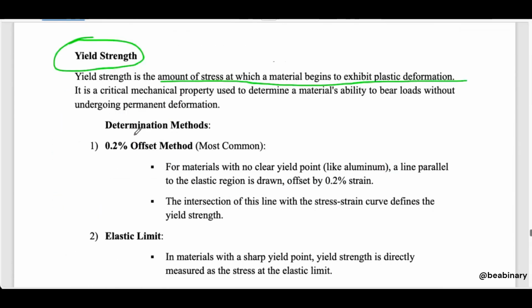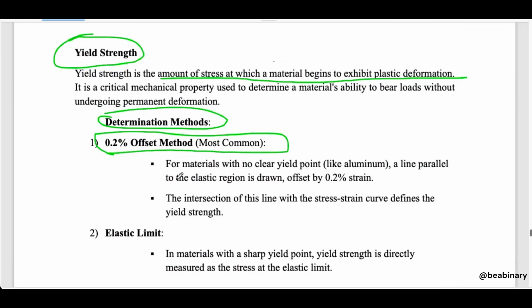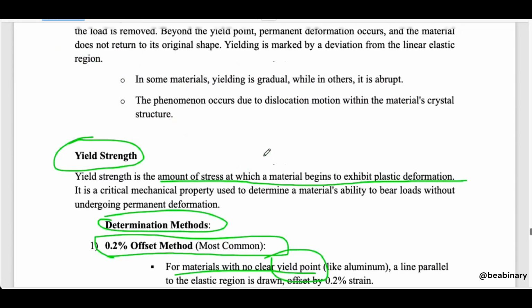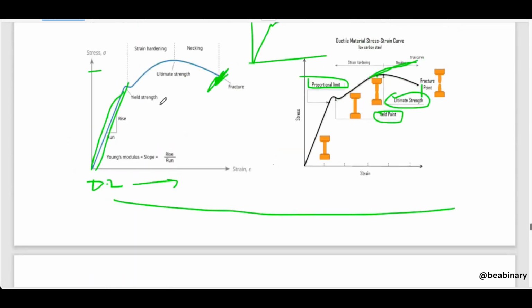As you can see here, for the determination of the yield strength, we have two methods, which is the offset method. The most common method is 0.2%. Okay, how you can draw the 0.2%, I already made you know. For most materials, if no clear endpoint is given, I mean, sometimes you are given the clear endpoint. If the diagram that I have shown here has a clear endpoint, that is the endpoint.